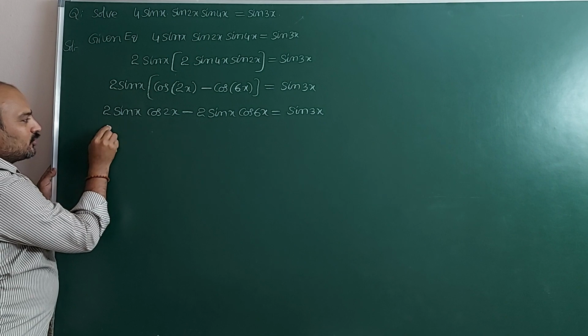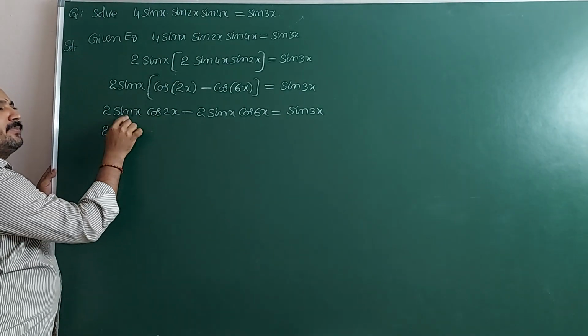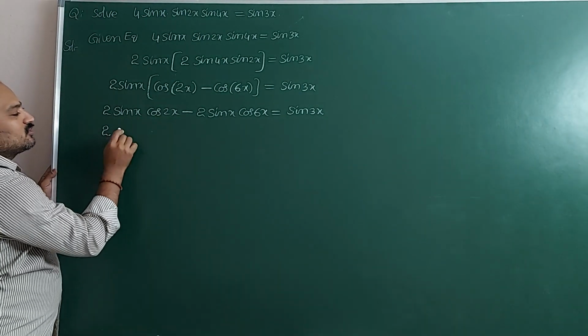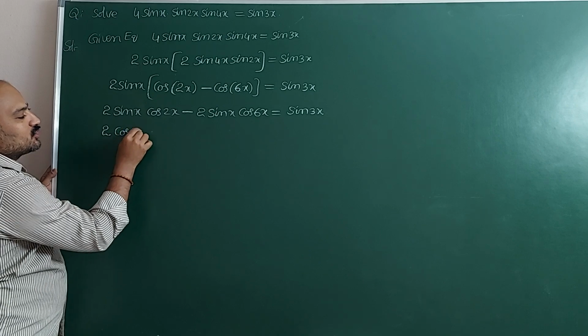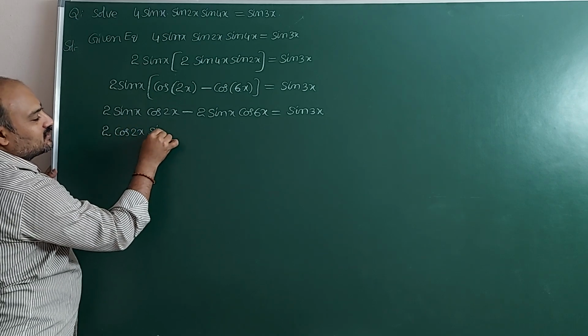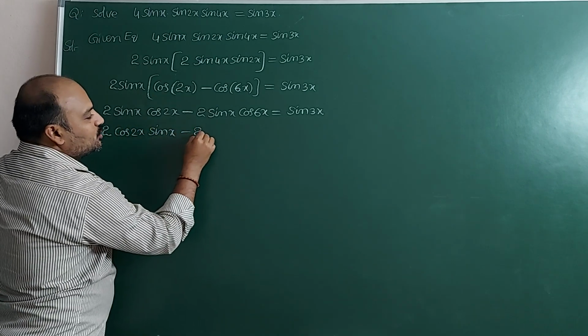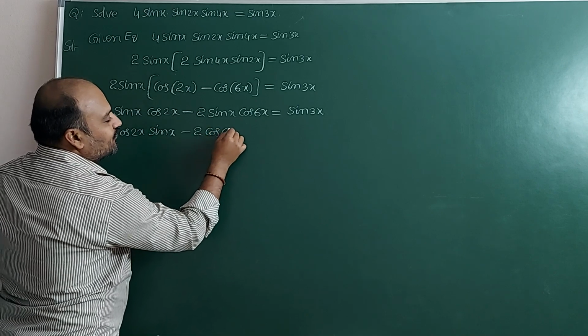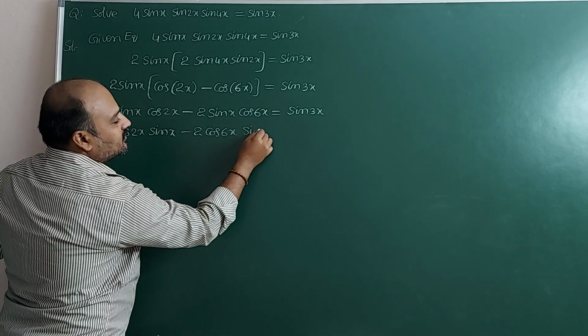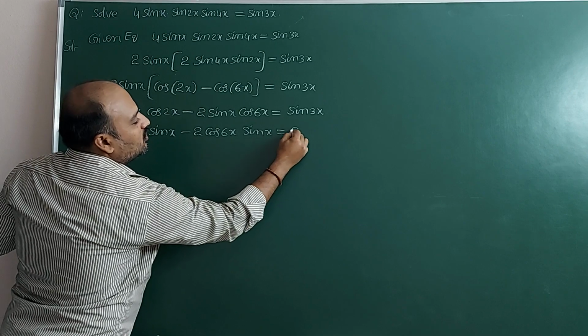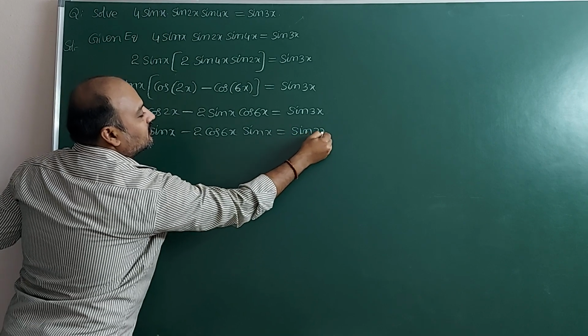Here, this term I am going to write as 2 into, always write the bigger one first. So the bigger one is what? 2 cos 2x into cos x minus 2 cos 6x into sin x is equal to sin 3x.